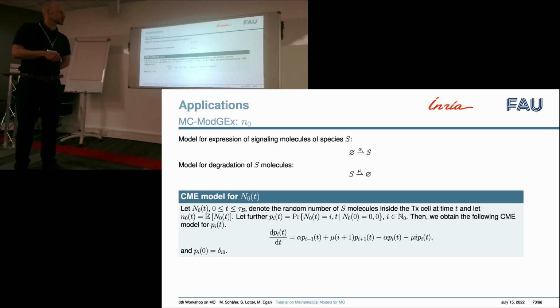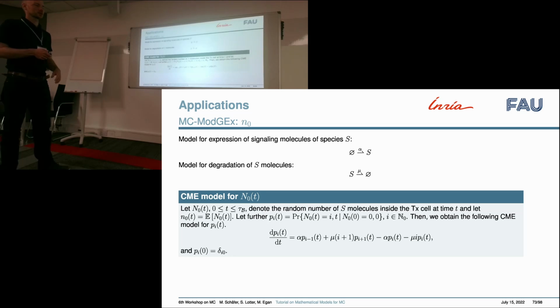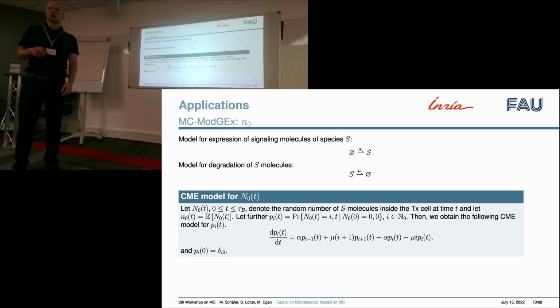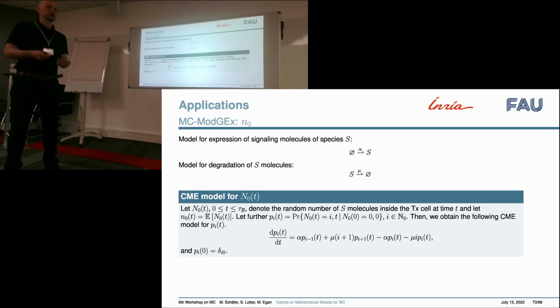One is a zero-order reaction in which signaling molecules are just produced out of nothing. And then the other reaction is a first-order degradation reaction, where due to some processes, the signaling molecules degrade to a species which is no longer observable by the receiver.